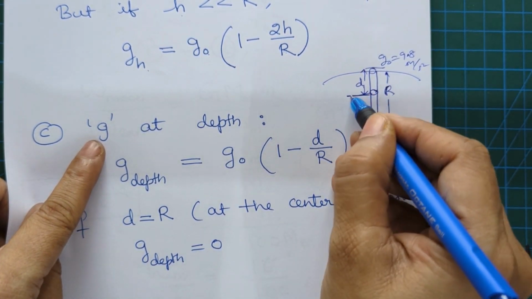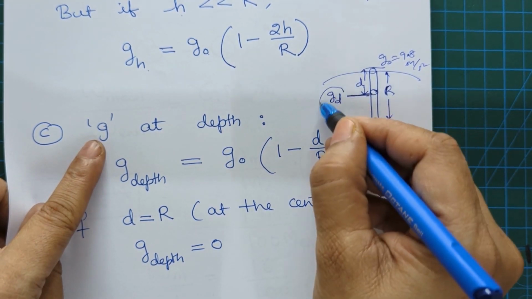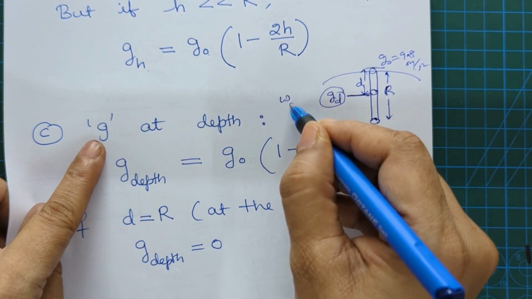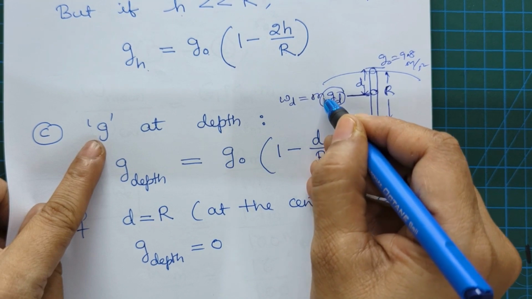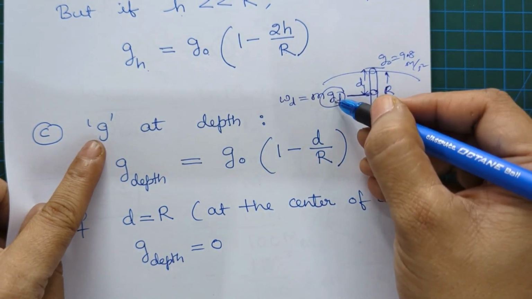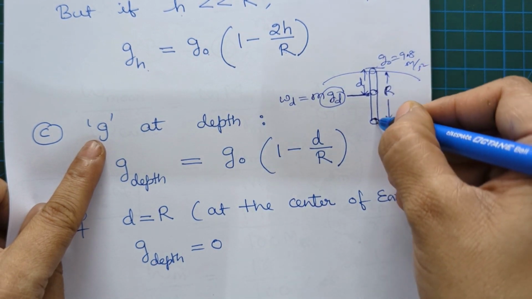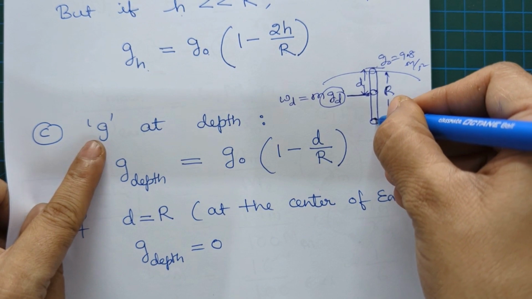But at this location, what happens to g at a depth? If we know this, we will know weight at that depth by just multiplying by mass. So if we know how to calculate g at a certain depth, we will know what happens to our weight at the center of the earth if we are able to tunnel and reach there.